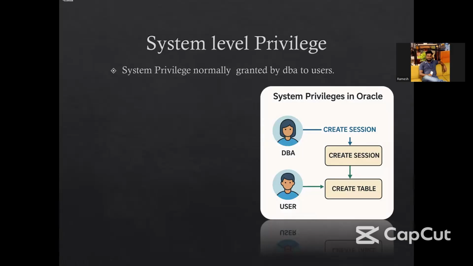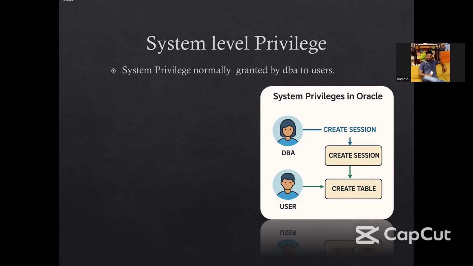So system level privileges are the kind of privileges given by the DBA. Okay, so the DBA can assign the privileges to the users. Okay, for example, if any user needs create session or create table, or whatever privileges they need, as the DBA we are providing that.